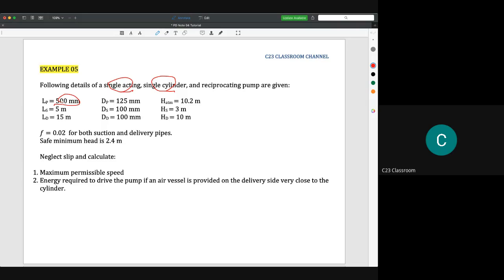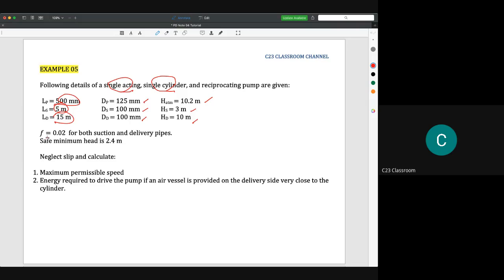The length of suction pipe is 5 meters and the length of delivery pipe is 15 meters. The diameter of the piston is 125 millimeters, and the diameter of the suction pipe and delivery pipe is 100 millimeters. It is given that atmospheric pressure head is 10.2 meters. The suction head is 3 meters and the delivery head is 10 meters.